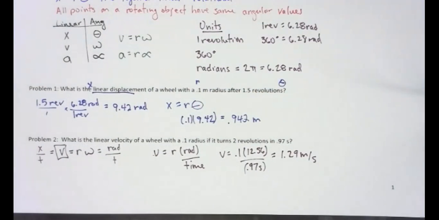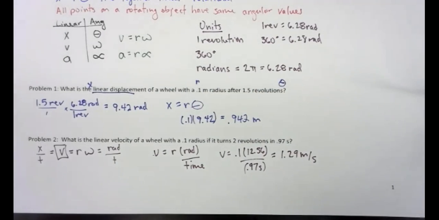What are our takeaways? Linear and angular. The linear values for any point on a rotating object depend on where it's at, but the angular values are the same for anything in a line on a given radius for a rotating object because they carve out those same number of degrees.